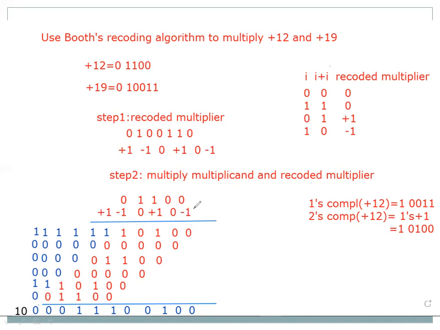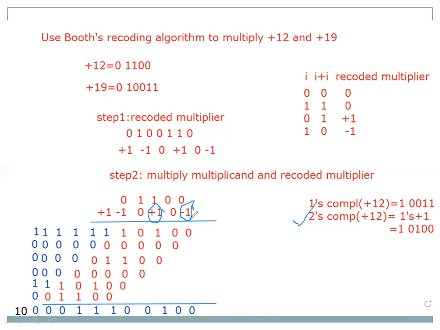So next, now you are going to perform the multiplication. If the recorder multiplier value is minus 1, you have to use the 2's complement of the multiplicand value. If the recorder multiplier value is plus 1, you are going to use the multiplicand as such. Once again, I repeat this.